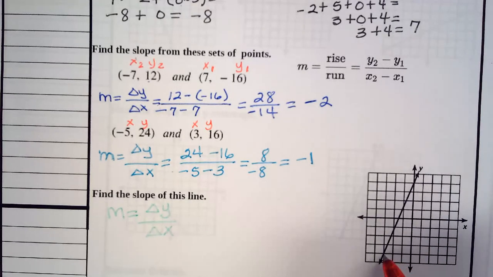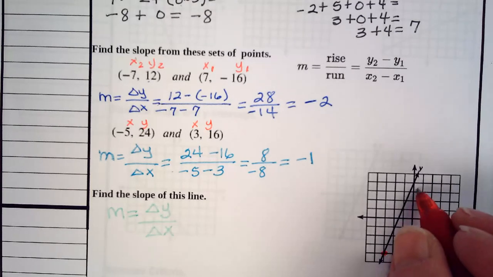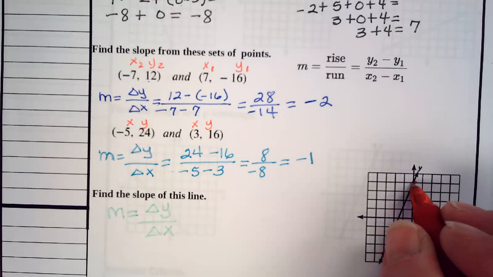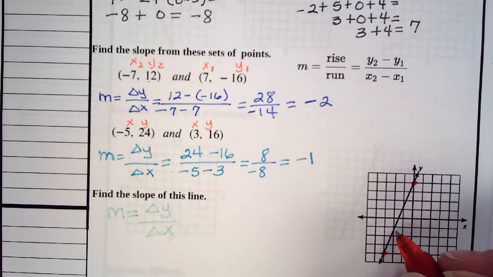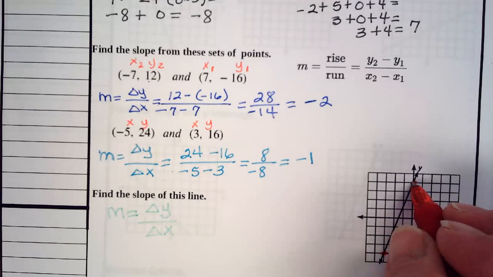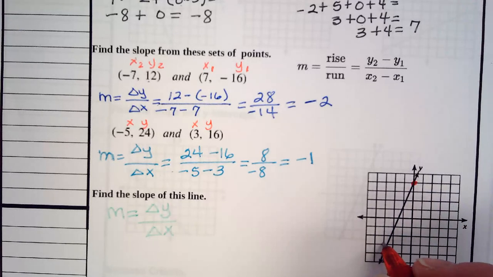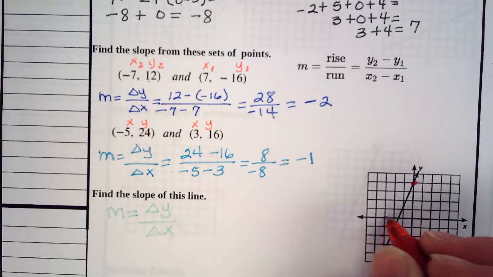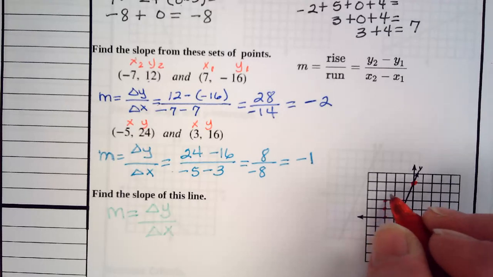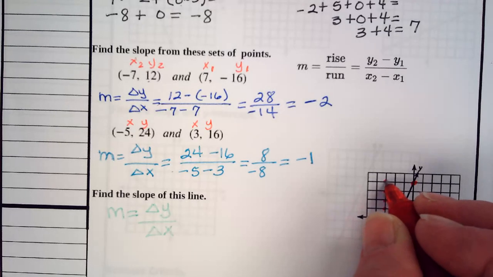The important part is to make sure you find where it goes through a corner of a box. So this one, it doesn't go through the corner of a box till clear up here. So I've got to count. 1, 2, 3, 4, 5, 6, 7, 8.